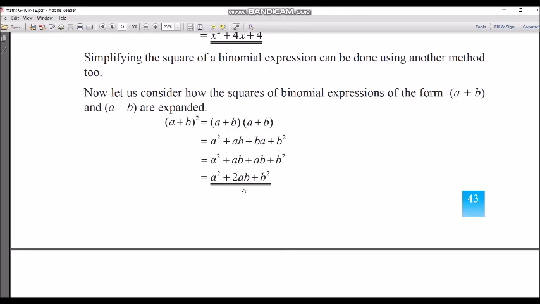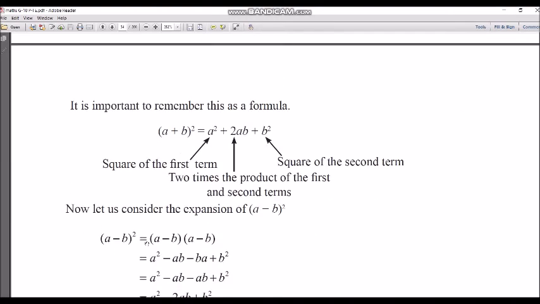We can see a squared, 2ab and b squared. So if we get the square of a binomial expression, the simplified form is the sum of the squares of the two values and 2 into the product of the two values.